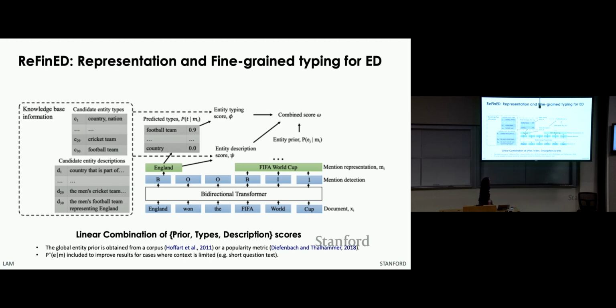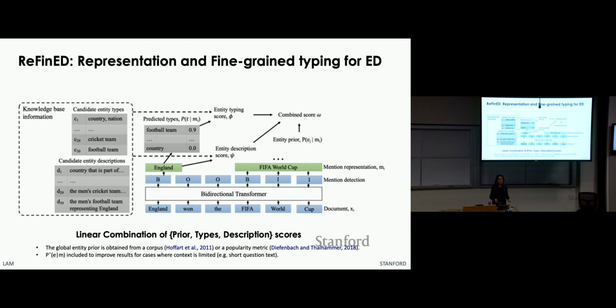The entity prior is, sometimes you may not have information about something that you mention, but what it is using is a global entity prior. It uses a corpus and a popularity metric basically to pull out what everybody knows, what is popular.